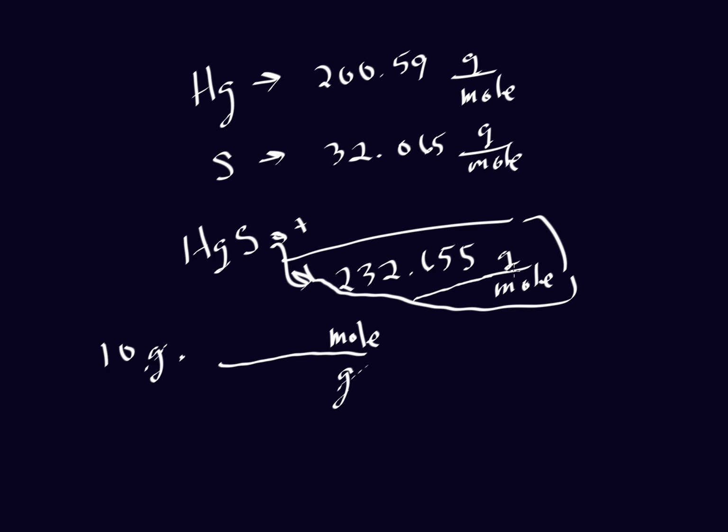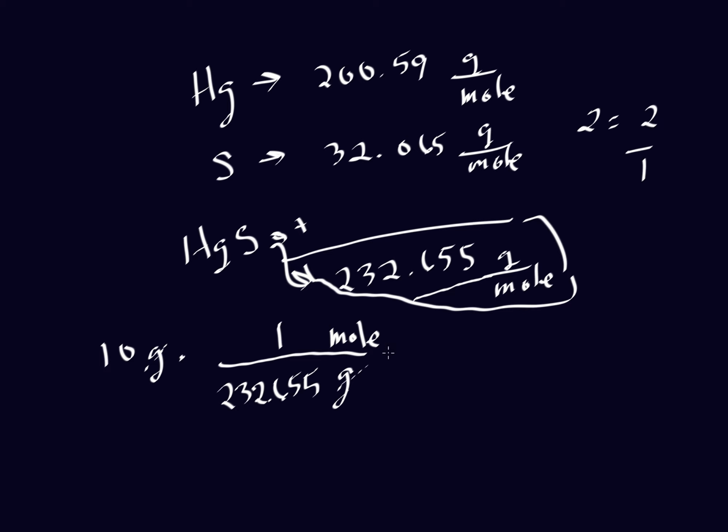232.655 grams. So we'll write that here, 232.655 grams. And what's on the bottom? Well, nothing. Actually, there is a 1. If we don't have anything here, it's the same as writing a 1 in a fraction. We can write, for example, 2 is the same as 2 over 1.